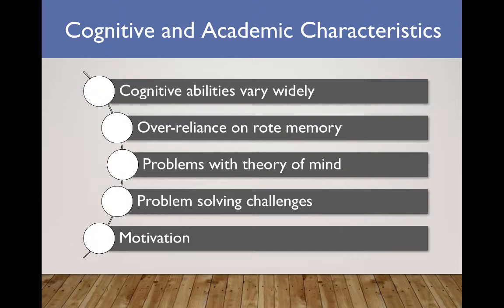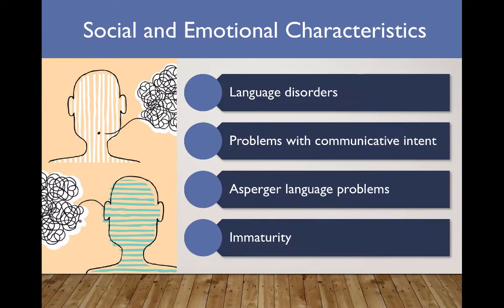There's an over-reliance, though, on this rigidity and this roteness, so rote memory. Problems with abstract thinking or theory, problem-solving challenges, and sometimes problems in motivation. The social-emotional is really greatly impacted.